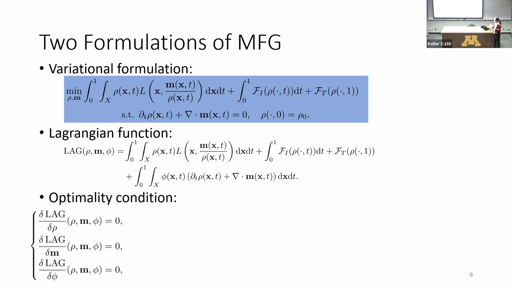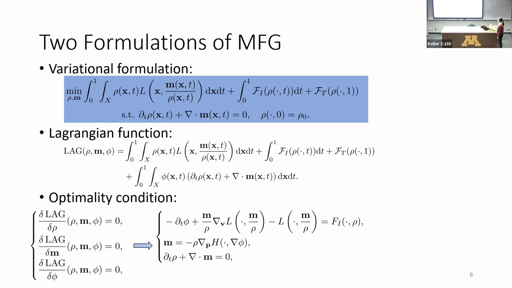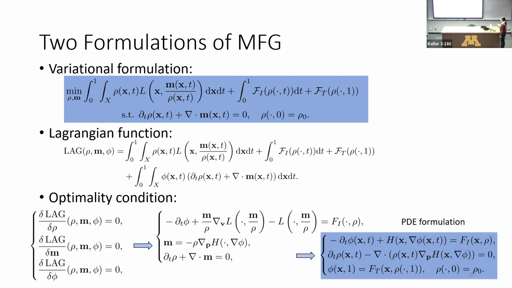Then you can derive the first order optimality condition. The first equation eventually will give you the Hamilton-Jacobi equation. The second equation will tell you the optimal control, and the third equation is just a continuity equation, just the constraint. So that's how these two formulations are related.